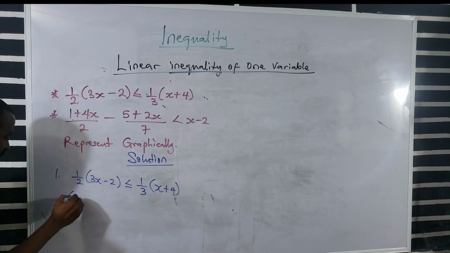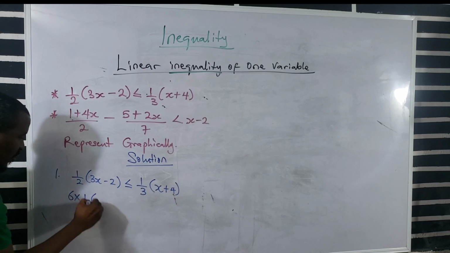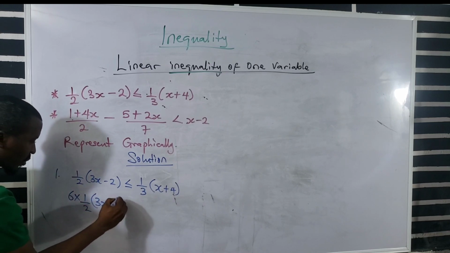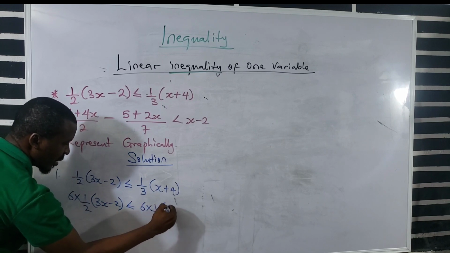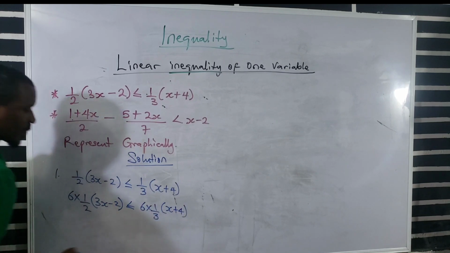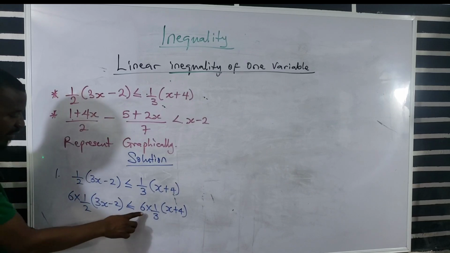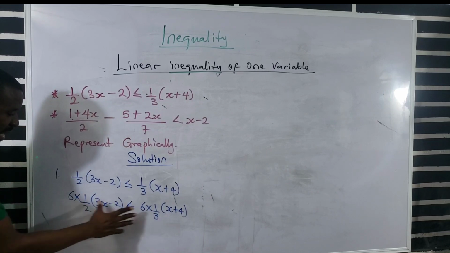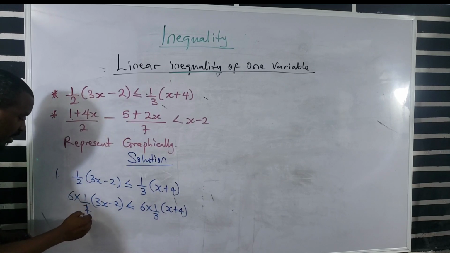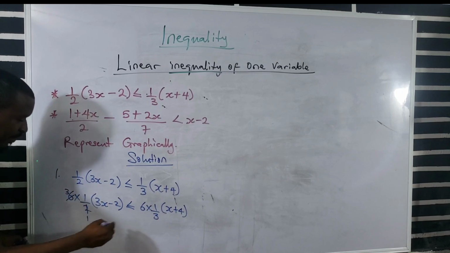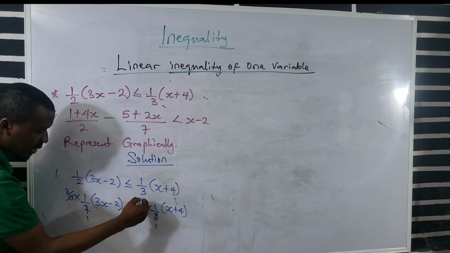That gives us 6 times 1 over 2 into 3x minus 2 less than or equal to 6 times 1 over 3 into x plus 4. So you can see I have used 6 to multiply both sides. This will go with this and give us 3. This will go with this and give us 2.